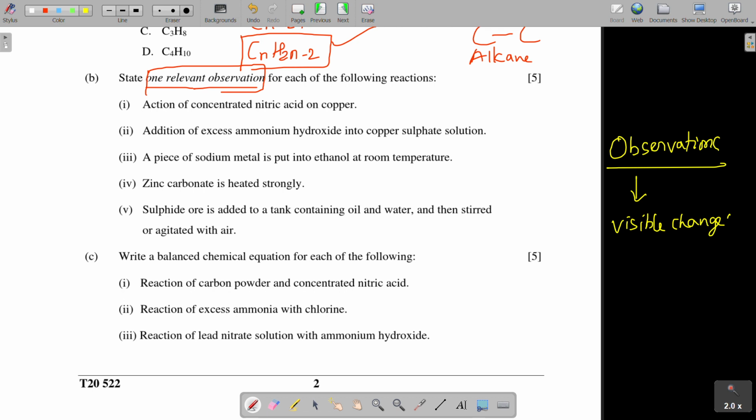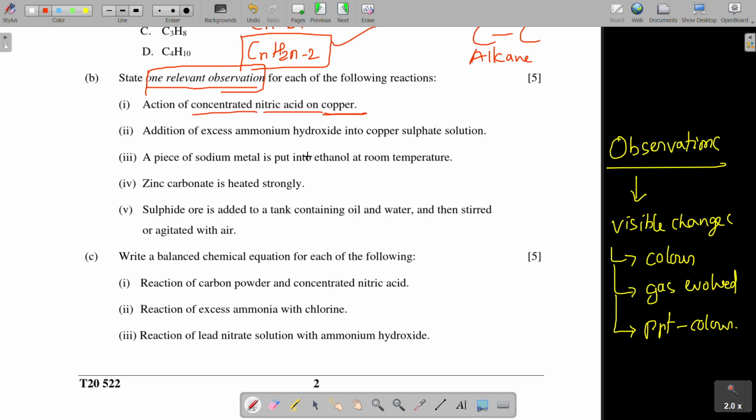Visible changes means there may be a change in color, there may be any gas evolved, it may be having color or not, it may be colorless, or any precipitate formed, and if it is forming, what is its color. These will be your observations. If there is a colorless gas evolved, then you have to write the test for that. Okay, we'll see that. Here first one, action of concentrated nitric acid on copper.